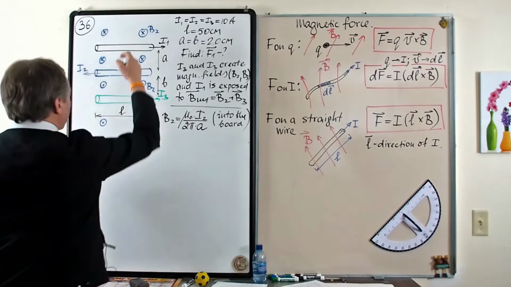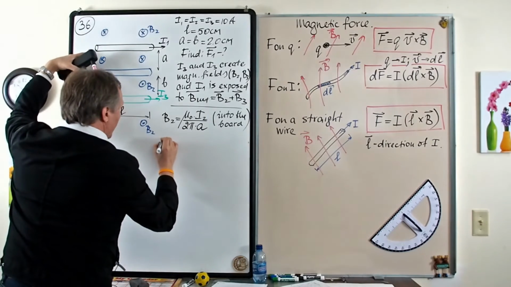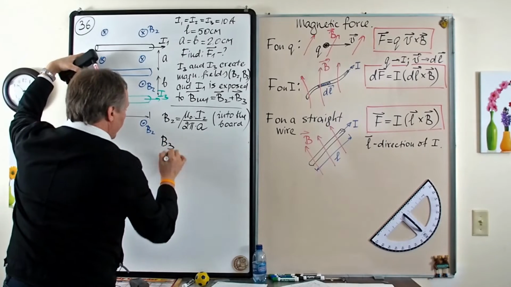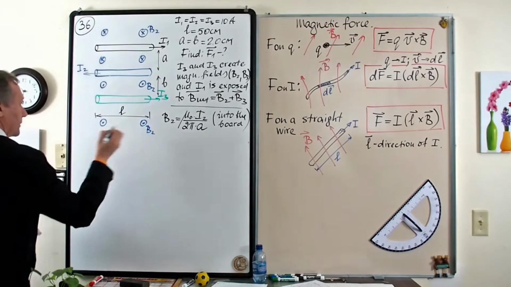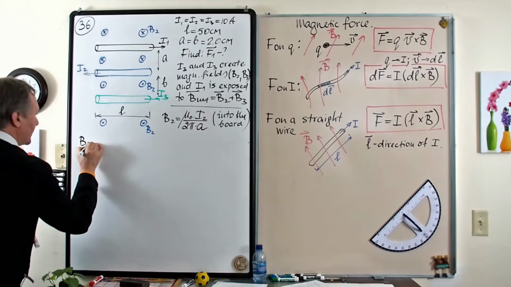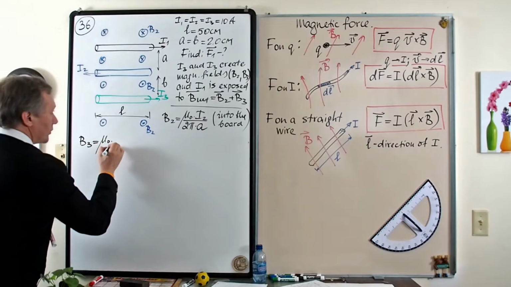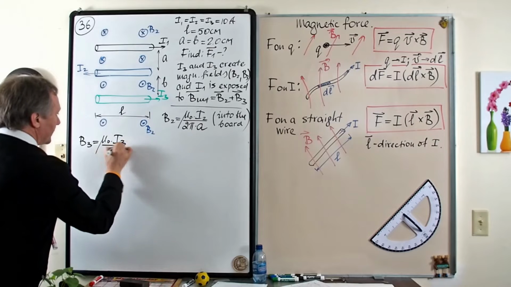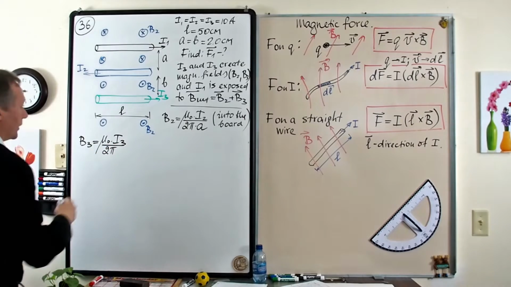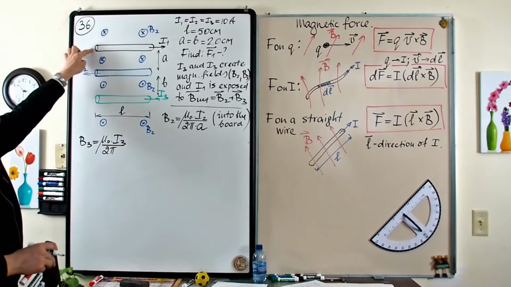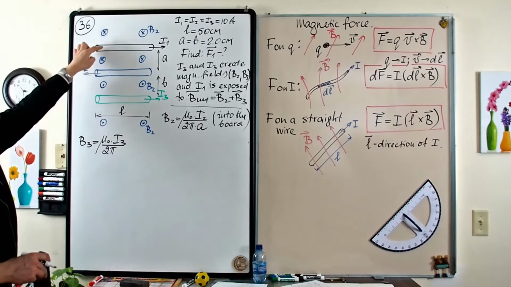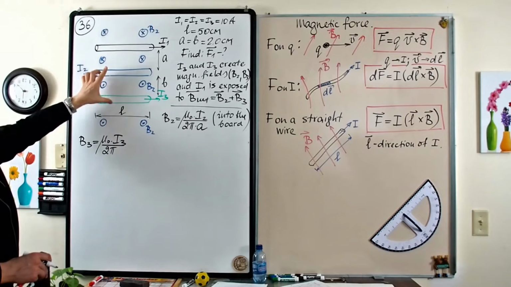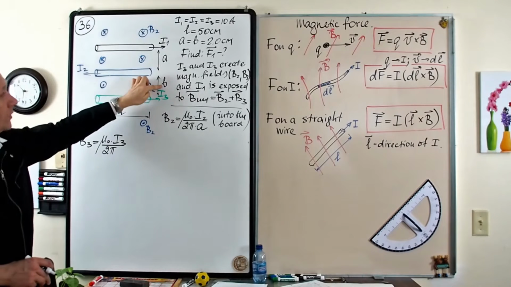Then let's do the same for the magnetic field produced by this wire. Of course, at the place of wire I1, we can write B3. Let me start it here to have more space. So B3 will be equal to mu naught I3 divided by 2 pi. At the place of the wire I1, the distance from I3 to wire I1 is a plus b.